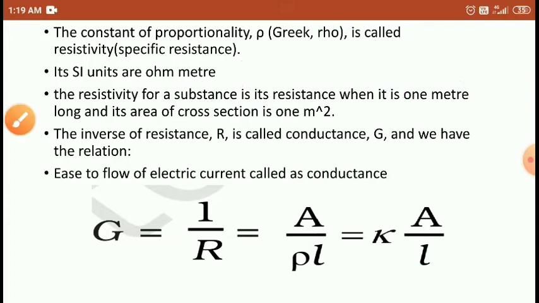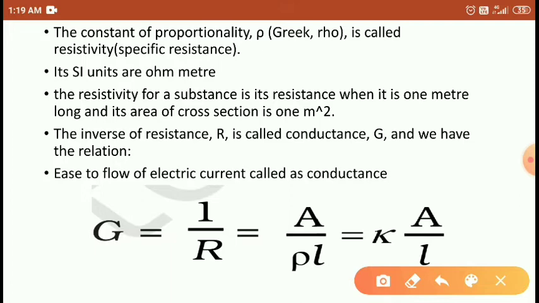Okay. Next is the resistance of a substance when it is 1 meter long and its area of cross section is 1 meter square. The specific resistance value is given here.